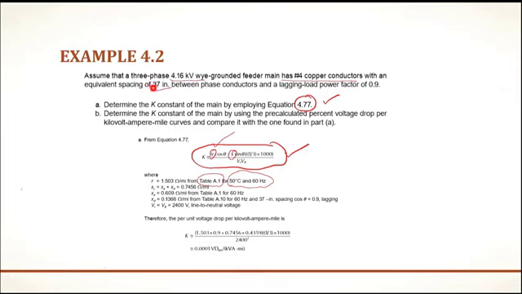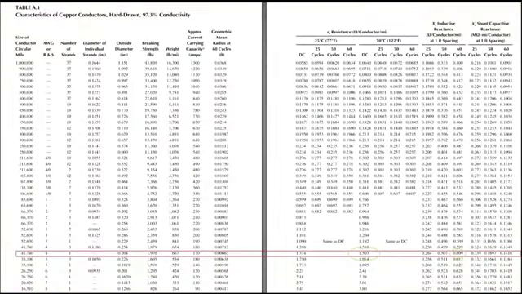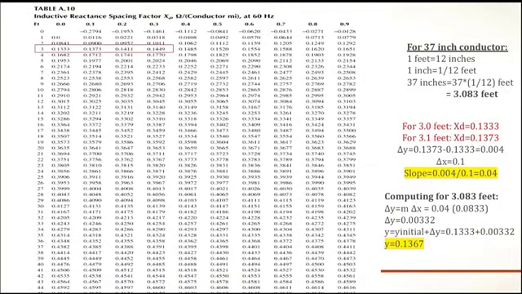That's why we are going to consider this spacing, that is 37 inches. So 37 inches is equal to 3.083 feet. You can see this is 3 feet, and over here you can see this is the value after decimal. So it means this is for 3.0.